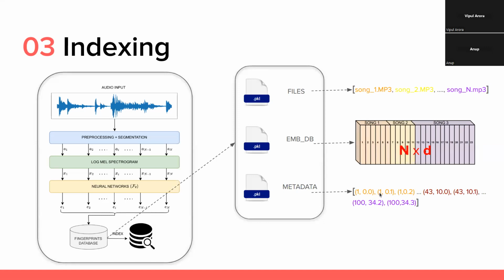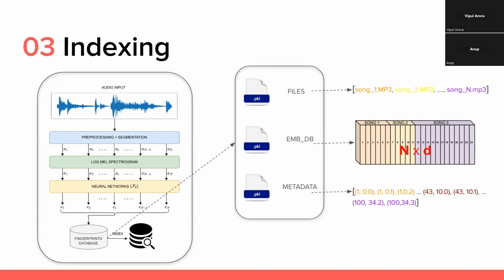And then the second one is the metadata associated to the second fingerprint. This comes from the first audio file, and it corresponds to that chunk which started from 0.1.